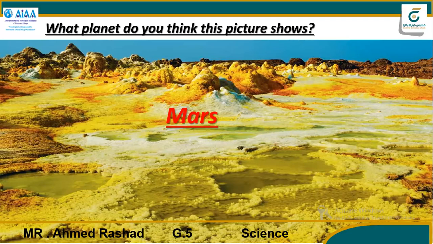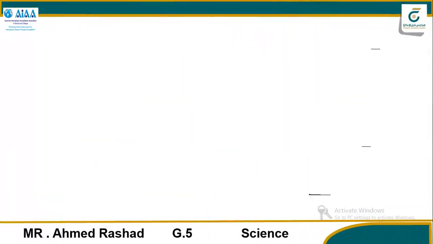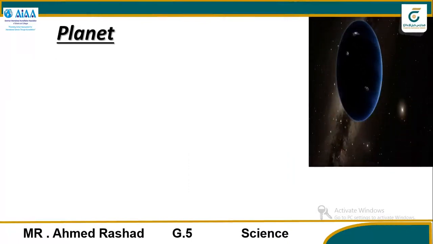So in the beginning, what's the meaning of planet? In space, or in the sky, we have different objects of different sizes, beginning with small objects like asteroids and comets that travel through the solar system, and stars, galaxies, and all the universe.